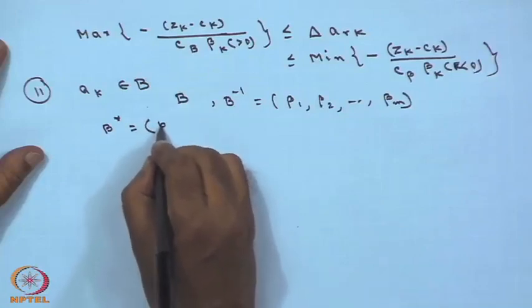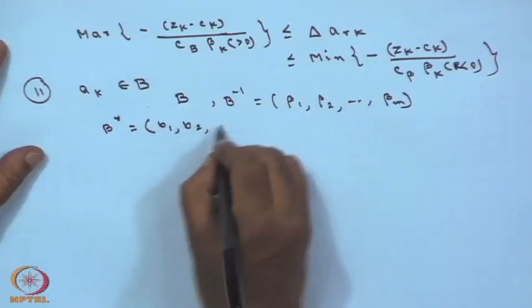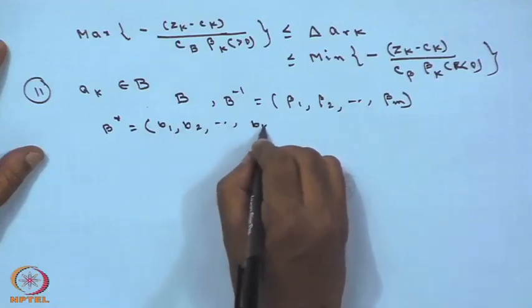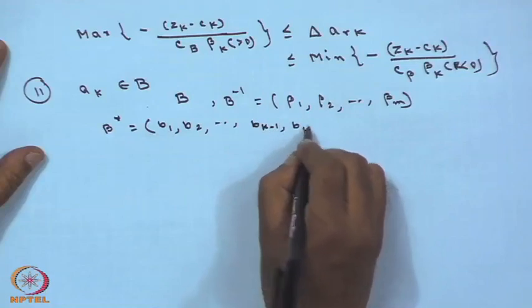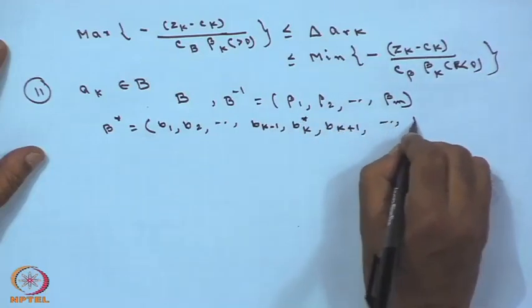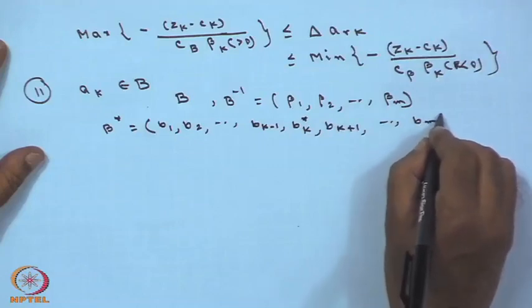So, your B star can be written as B 1, B 2, like this way, it will be B k minus 1, B k star, B k plus 1 and like this way B m.